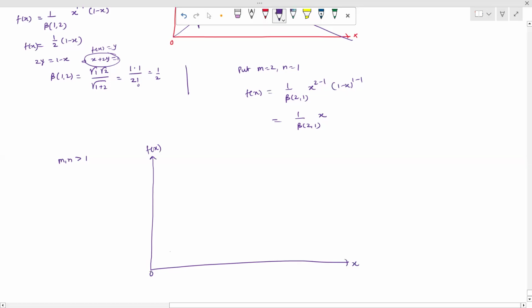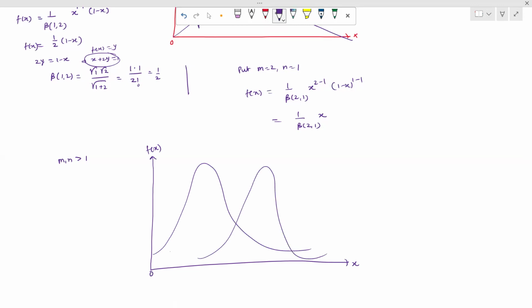When we draw the first graph, it is in this way, the second graph we draw in this way, and the third graph we draw in this way. Here we have beta(2, 8) for this graph, beta(5, 5) for this graph, and here we have beta(8, 2).